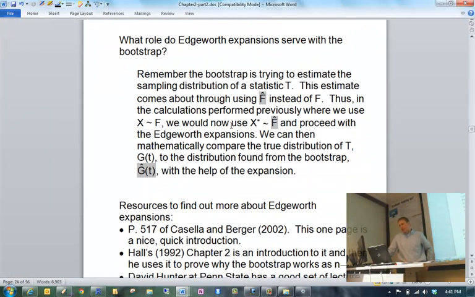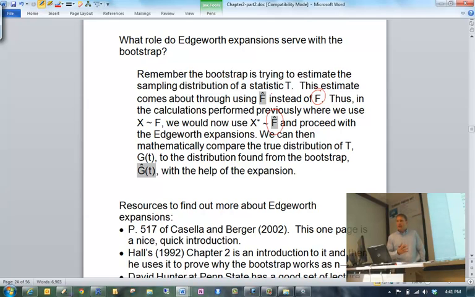So what role does Edgeworth expansion serve then with Bootstrap? Well, I just told you that these Edgeworth expansions allow you to approximate a distribution in terms of simple normal distributions. The underlying theory for how the Bootstrap works relies on doing these Edgeworth expansions, but instead of working with f itself, you work with f hat.